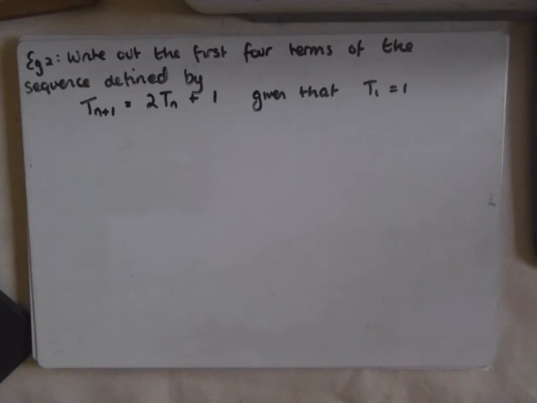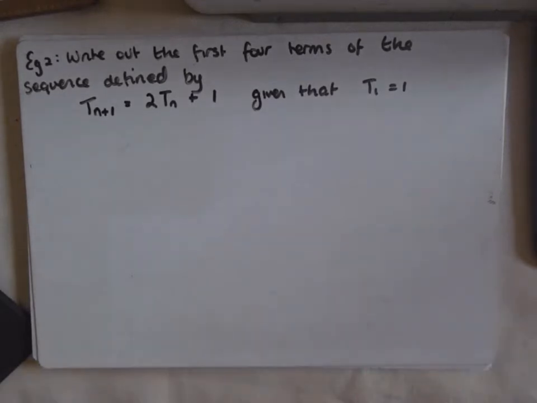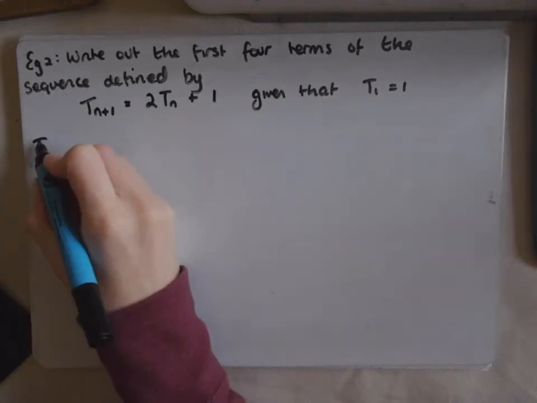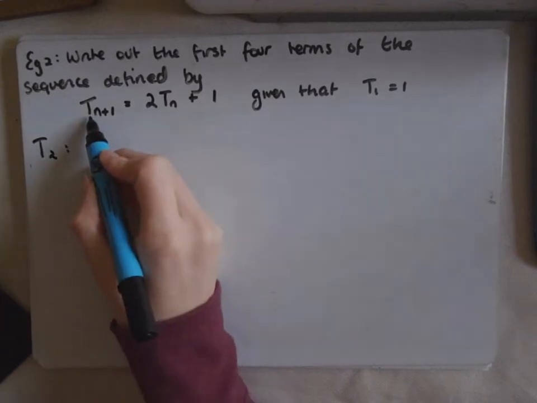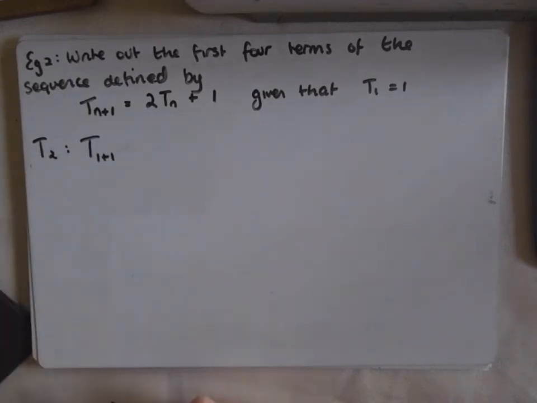I need the first 4 terms and I have t1 already, so I have the first term. So I'm looking for the second term. So I'm looking for t2. To get t2, I know this n must be 1 plus 1, because that will give me t2.